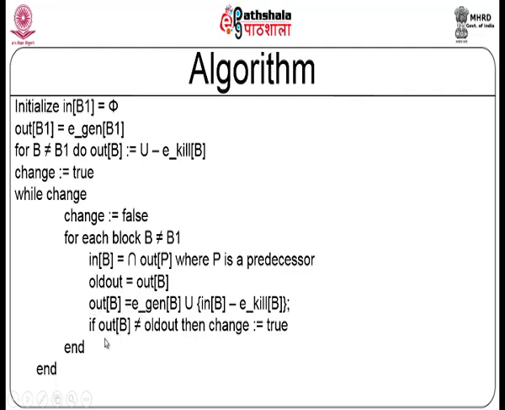Now if the old out is not equal to the new out, then you reset change to true, and then you go for one more iteration. So again this will go through multiple passes. The difference being I will be anyway recomputing in, but the computation of in alone is changed, and how we computed out for every block as an initial setup is also going to be changed for this algorithm.